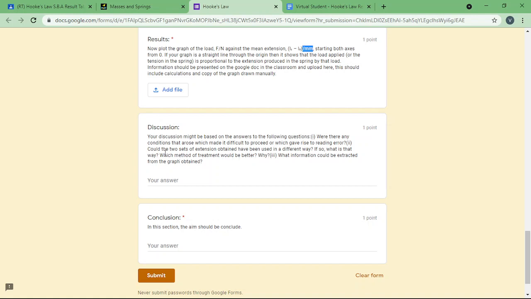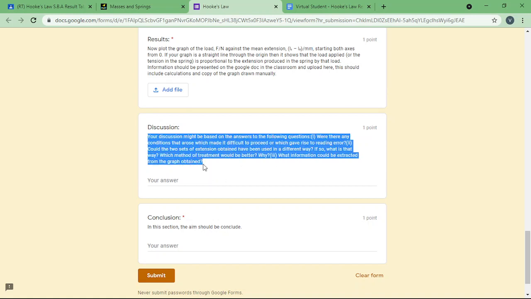Could the two sets of extension obtained have been used in different ways? If so, what is that way? Which method of treatment would be better? Why?